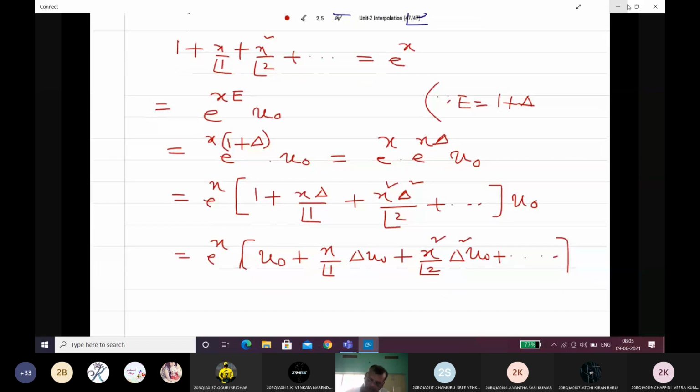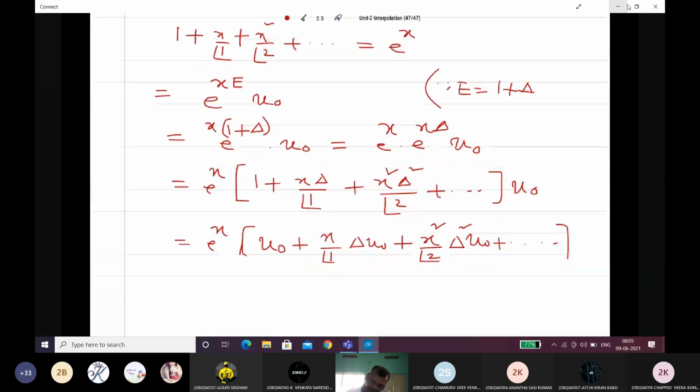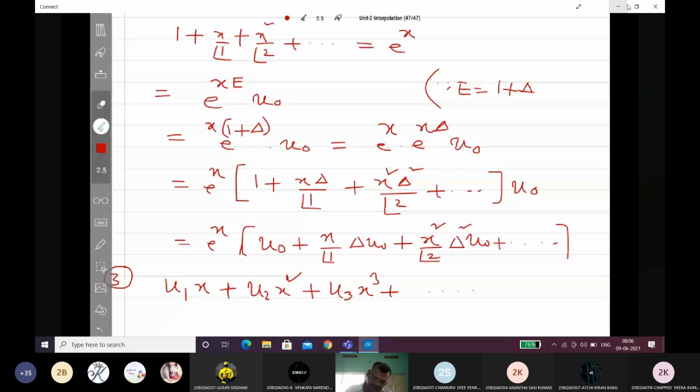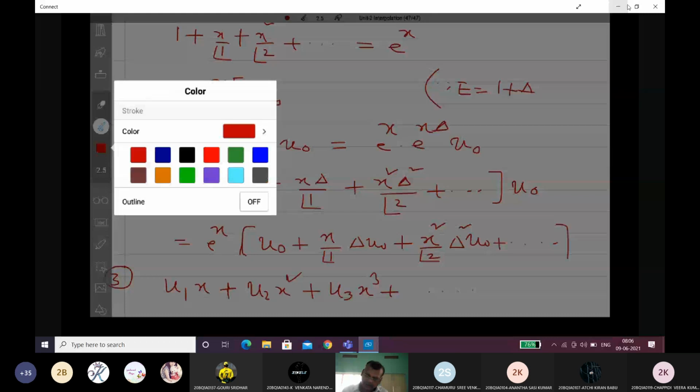And again, we move into the third one. What is the third one? u1 x plus u2 x square plus u3 x cubed and so on. And again, we have to use the values for u1, u2, u3. What are the values?